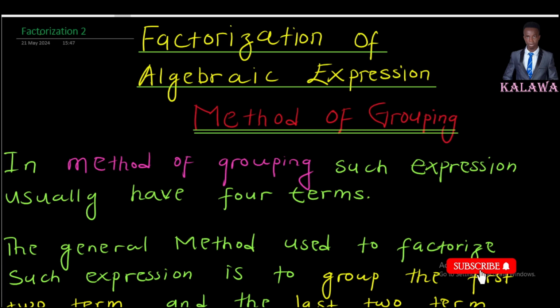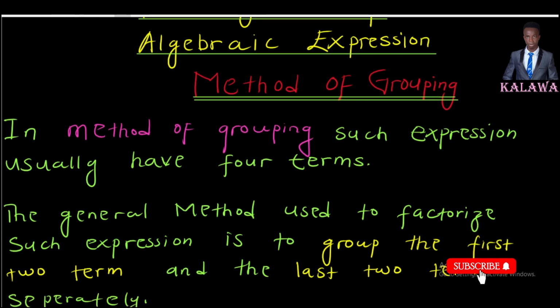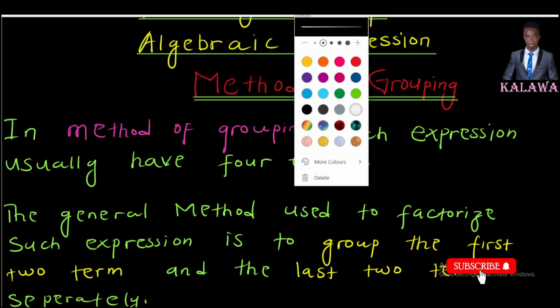When we talk about the method of grouping in factorization of algebraic expression, such expressions usually have four terms.